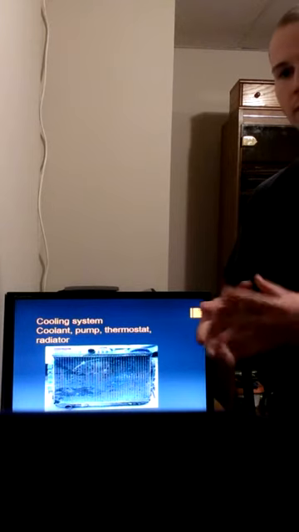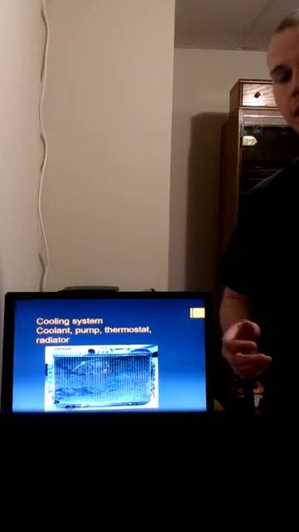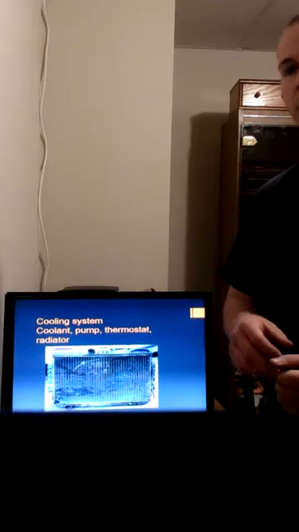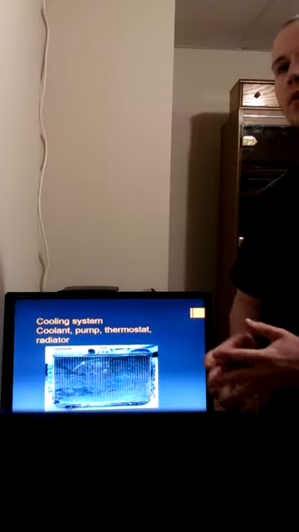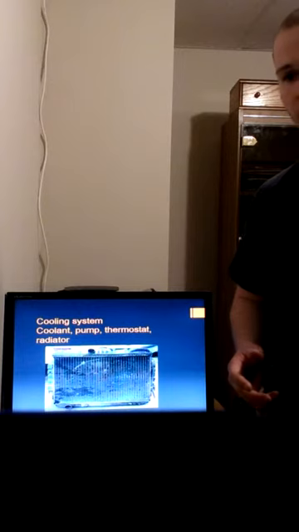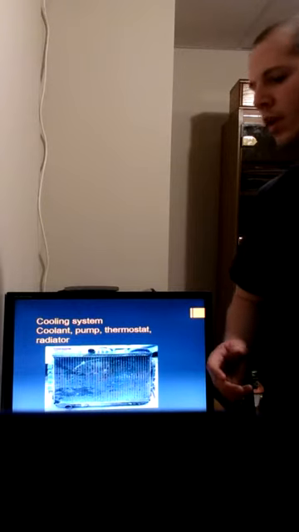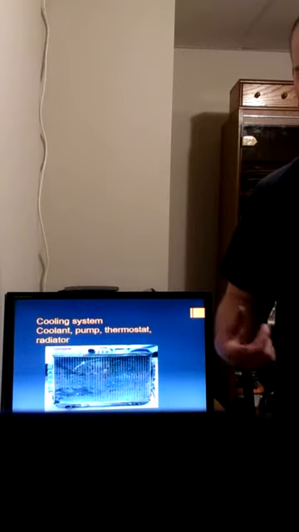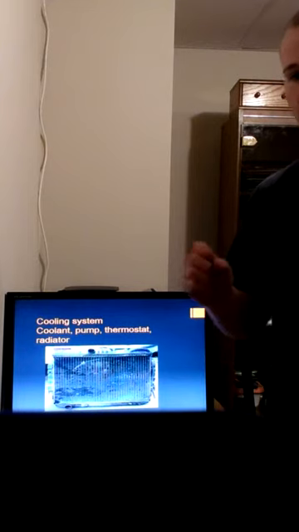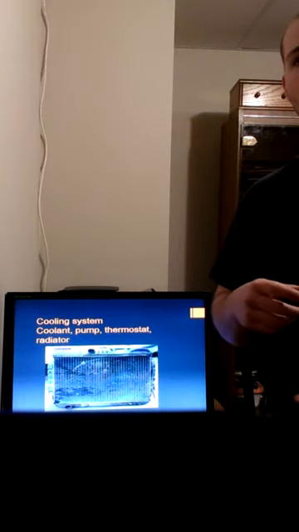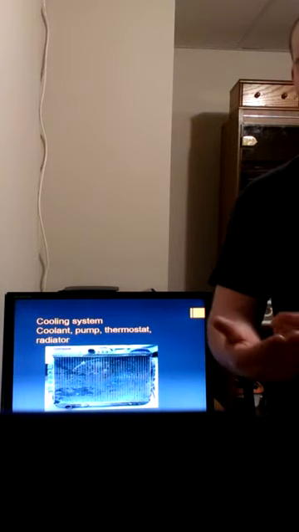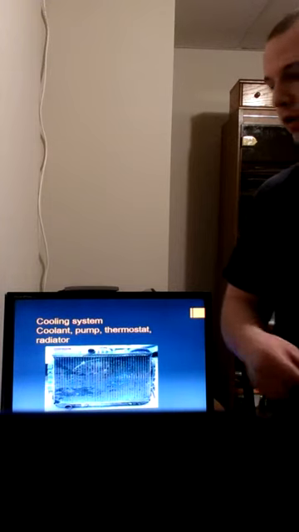The thermostat will control how much of the coolant goes to the radiator and how much of the coolant is recirculated to the block. So when the coolant travels to the radiator, there's a fan also driven by the crankshaft, and the fan will radiate the heat from the coolant via the radiator by forced convection.